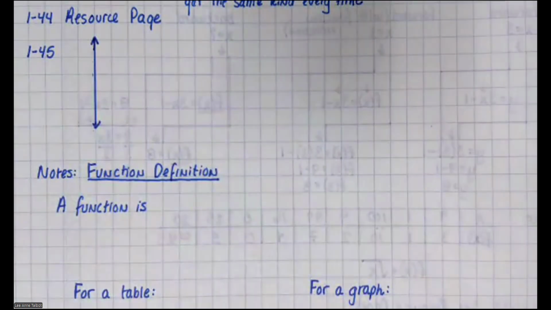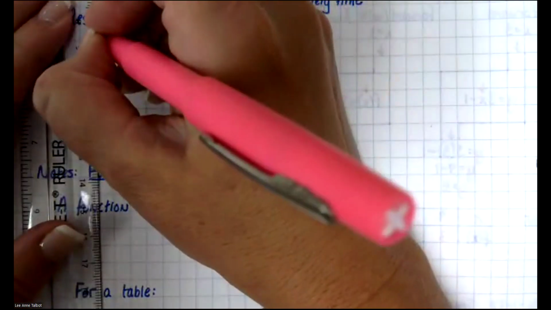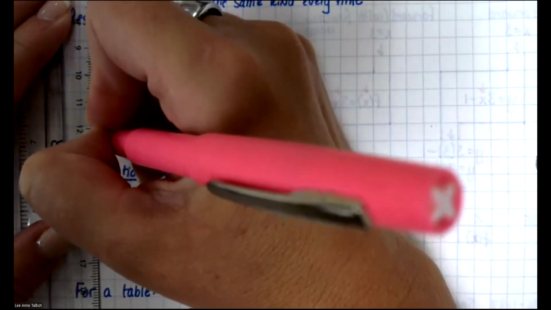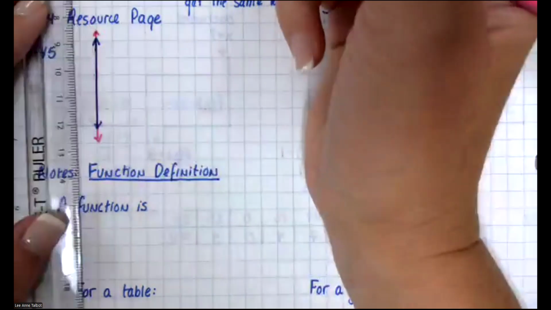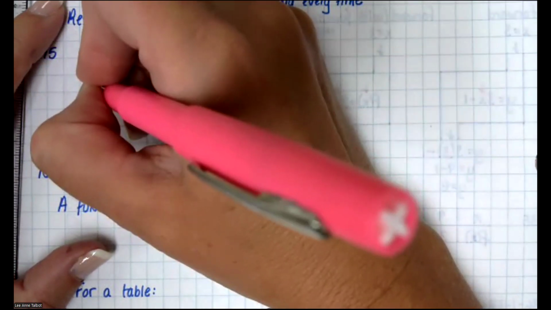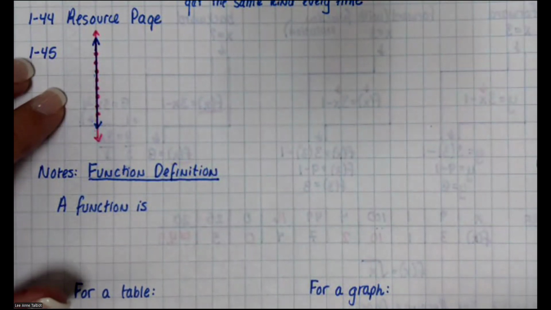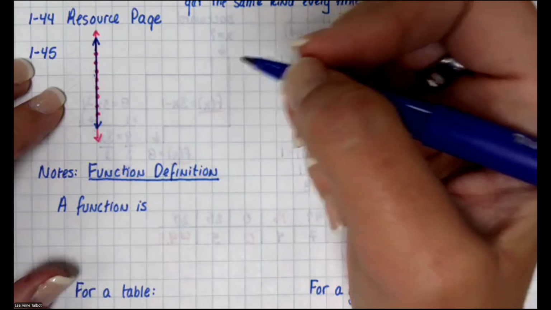I'm gonna get a different color because I'm just that way. And I'm gonna try to draw the vertical line test over top, and it would hit everywhere. Vertical line is really the only line that does not pass the vertical line test.